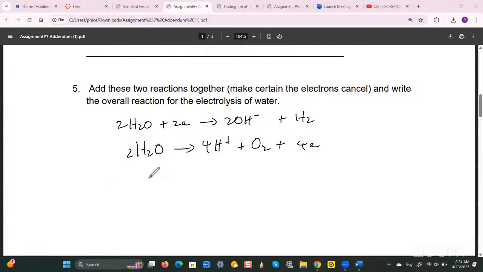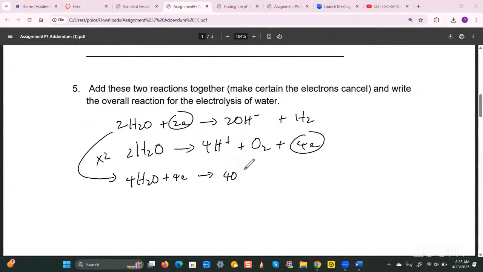Okay, so to balance this, or to add these two together, we have to make sure that the number of electrons gained and lost will be the same. So what I would do is multiply this by 2. That would give 4 H2O plus 4 electrons to give 4 OH minus plus 2 H2. And then I would add these two equations together, and I'm going to end up with 6 H2O on the left side. These 4 electrons will cancel with those 4 electrons.